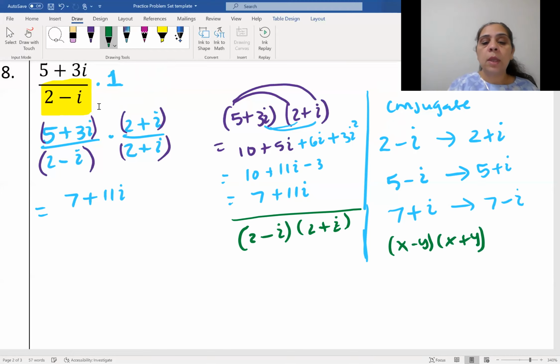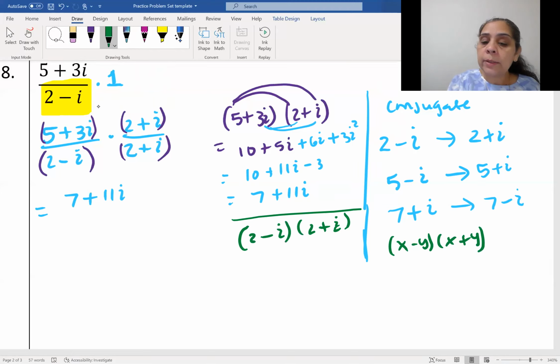You can use the FOIL method, but the quick way to do it is, if we have the same term in both factors with opposite sign, you can just do the square of the first term minus the square of the second term. So we have 2 squared minus i squared. So 2 squared is 4, i squared is negative 1. So this one will become 4 plus 1, which is 5. So here we can write down 5.